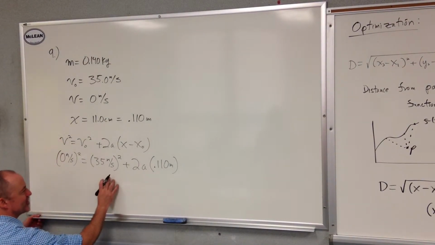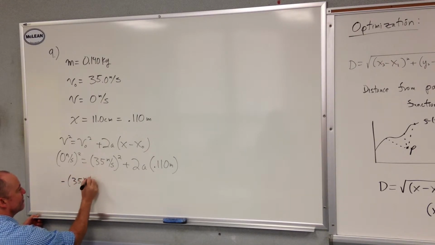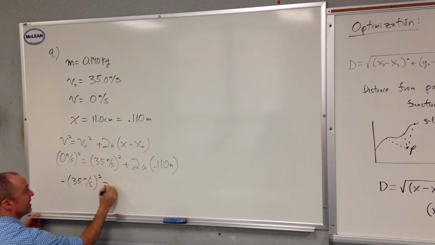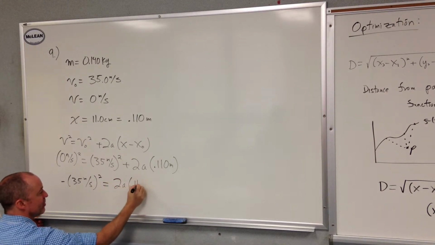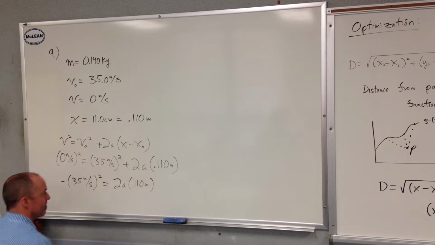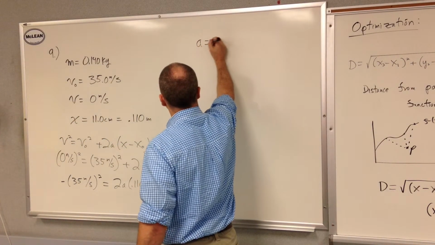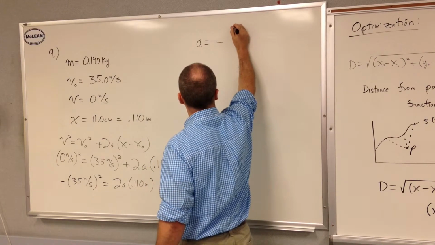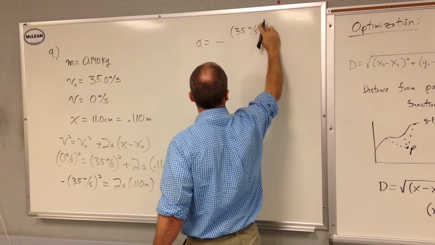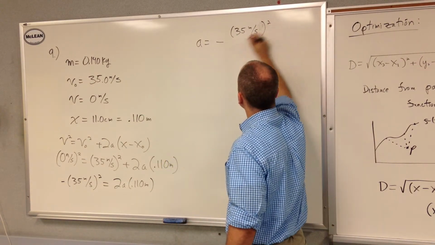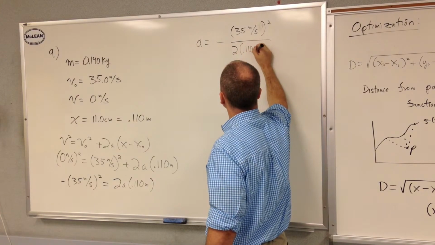All right, to solve this for my acceleration, I get negative 35 meters per second squared equals 2 times acceleration times 0.110 meters. And then my acceleration is going to equal negative 35 meters per second, squared, over 2 times 0.110 meters.